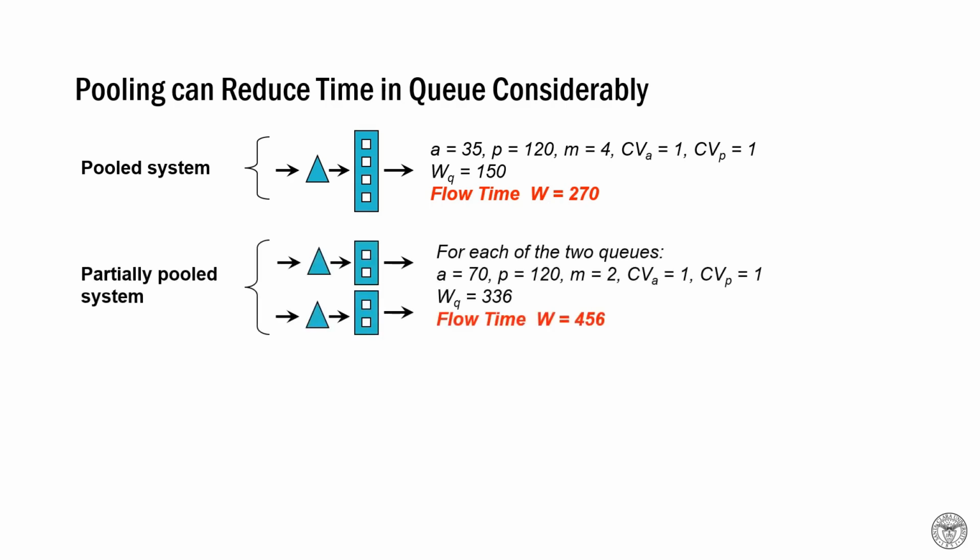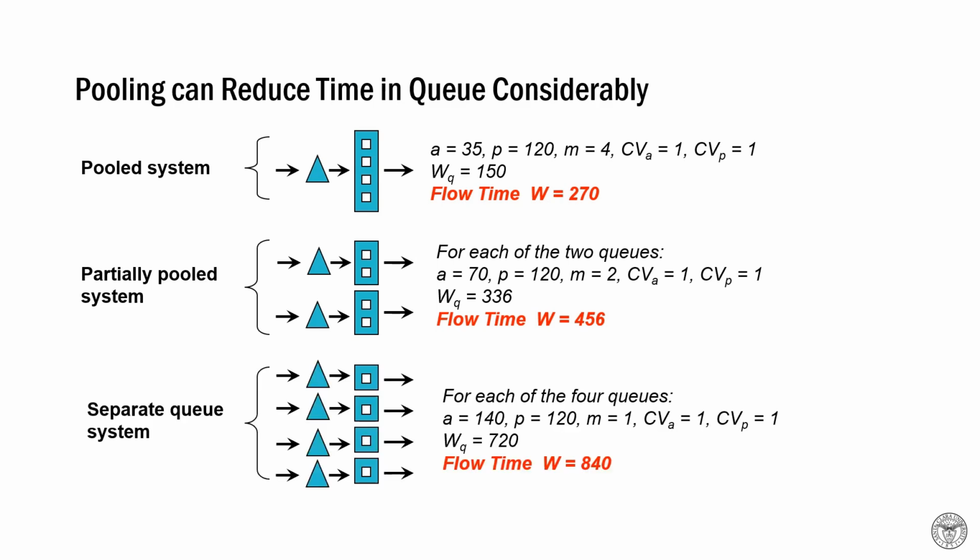If we transition to a partially pooled system, splitting the demand between two queues, each with two servers, we see the time in queue rise to 336 seconds and the flow time to 456 seconds.